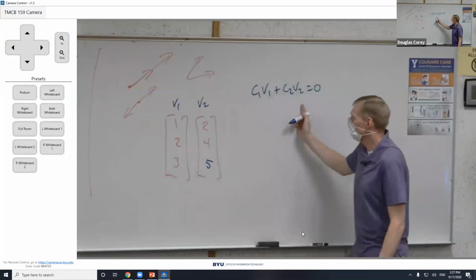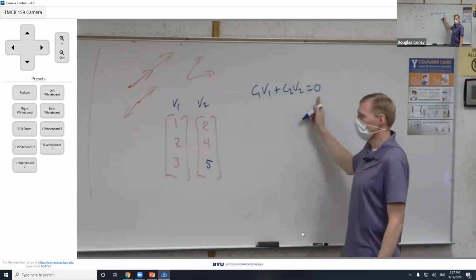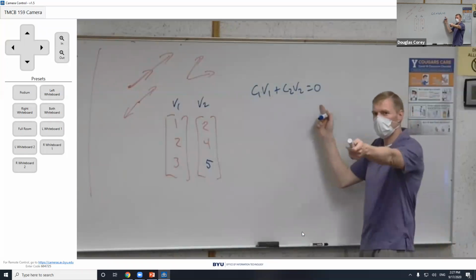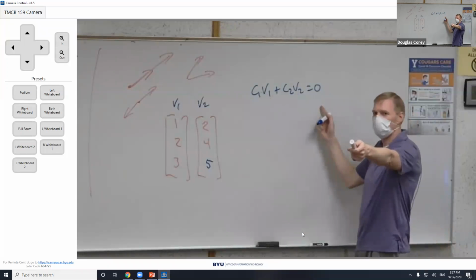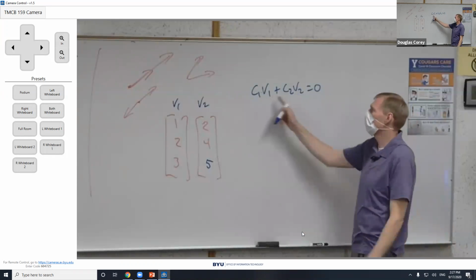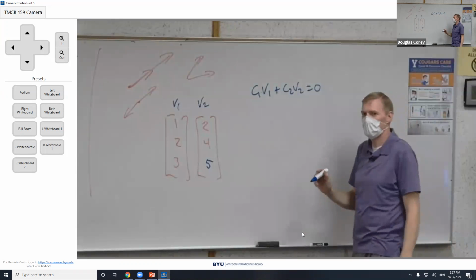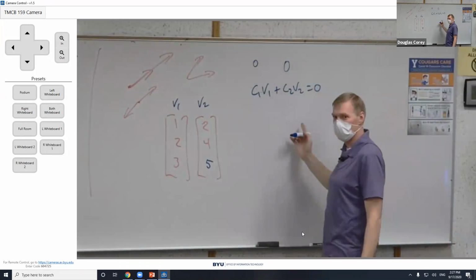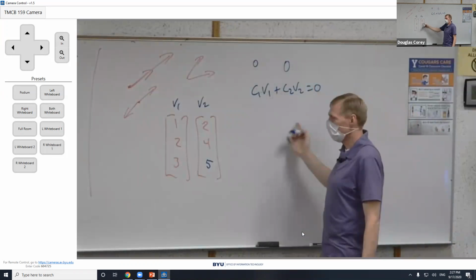What values could I pick for C1 and C2 for this combination to be 0? Can you give me one? What are the possible values for C1 and C2? Yeah, 0 is one of them. Can I pick another one? Not with how they are right now.